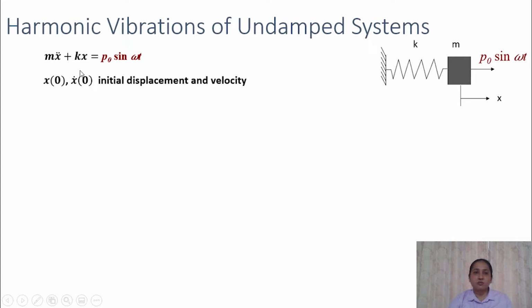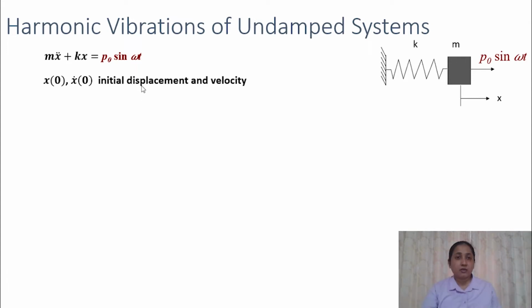And here also there will be some initial displacement and velocity for the system. So these initial conditions are known to us. Now we can find the response of this undamped system by solving this differential equation.